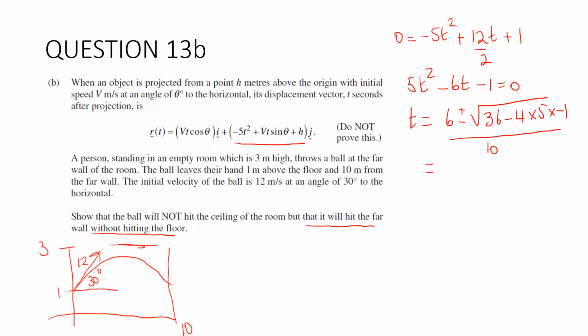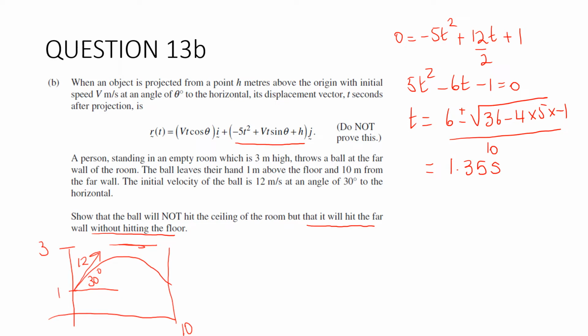Now, we want the positive one there. The negative one will give us a negative time, which we don't want. So 6 plus the square root of 36 plus 20, all over 10, gives us 1.35 seconds.